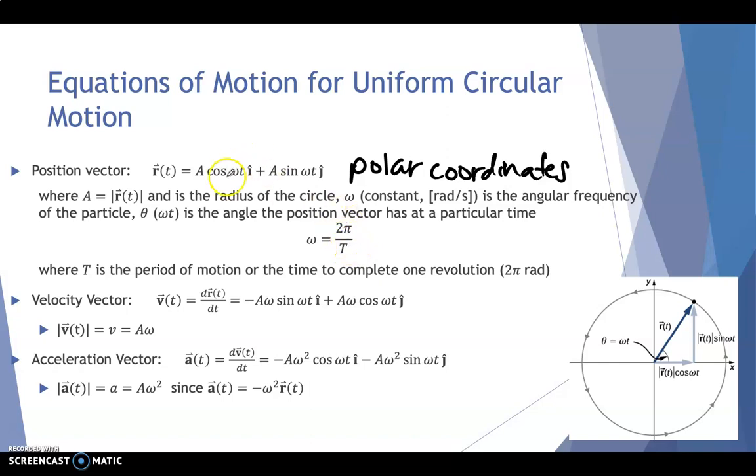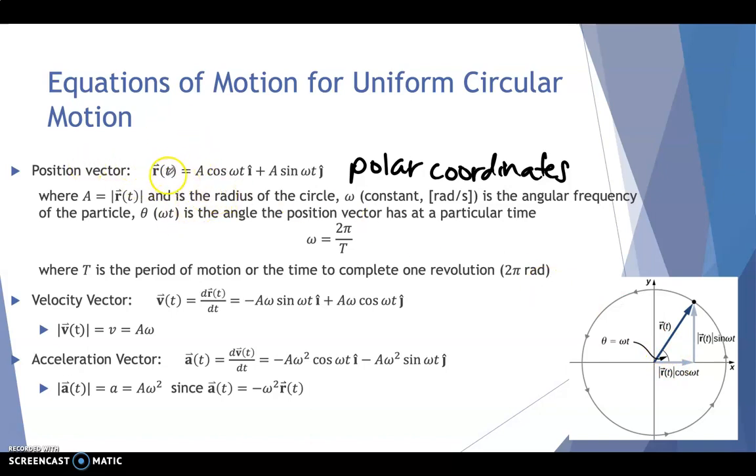Okay, so that omega t together is going to be theta, or the angle the position vector has at a particular time. So if you look here at this diagram, if we are looking at some position vector here at some point, okay, the angle here is described as omega t.